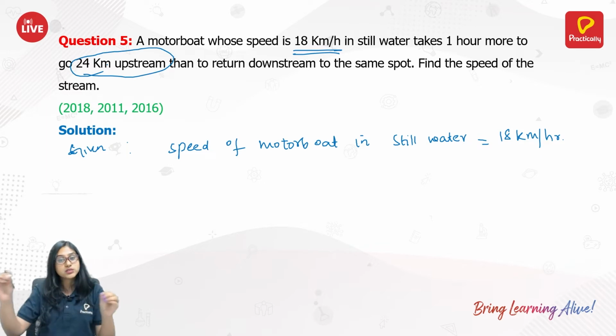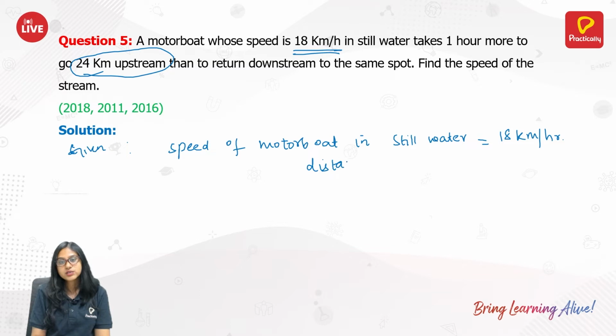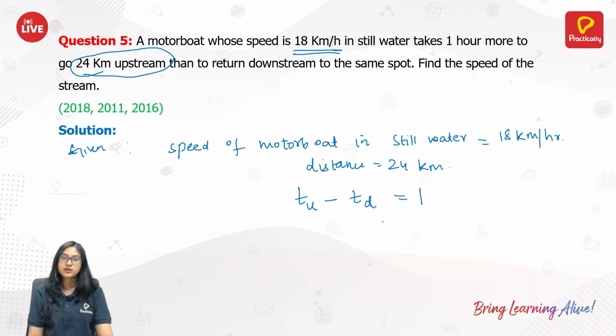So what is the distance of this 24 kilometers? Correct. So let us take distance equals 24 kilometers than to return downstream. So the time taken to go upstream is 1 hour more than to return downstream. So T upstream minus T downstream equals 1 hour.